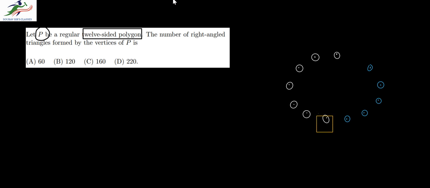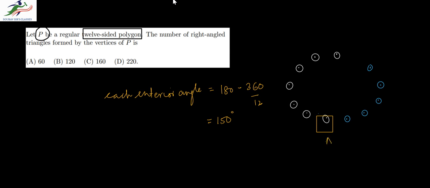So this vertex will make what angle with each of the vertices? That is the question. Now in a 12-sided polygon, each interior angle will be equal to 180 minus 360 by 12, that is equal to 150 degrees.